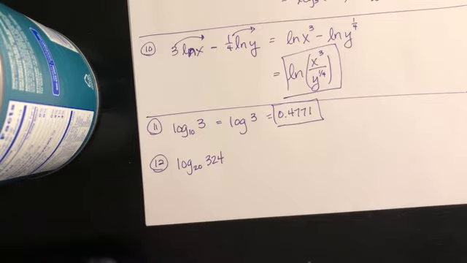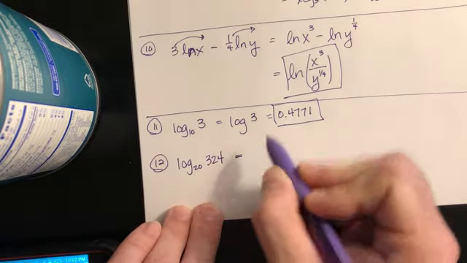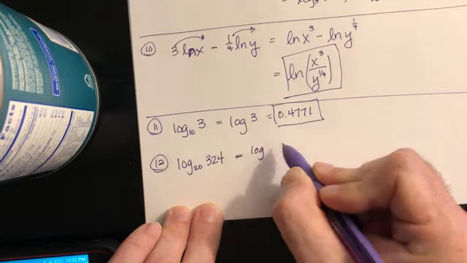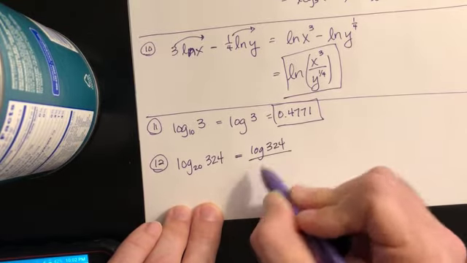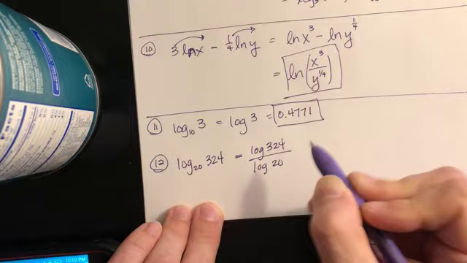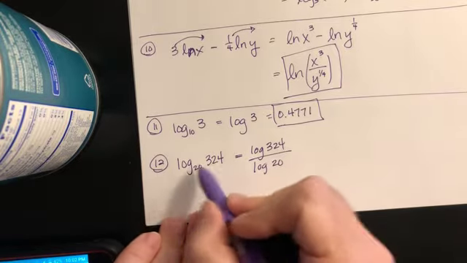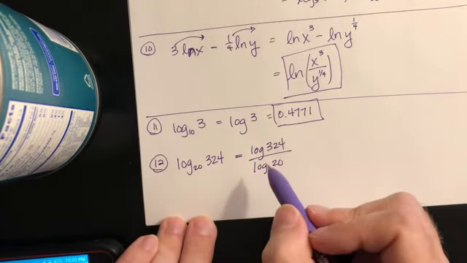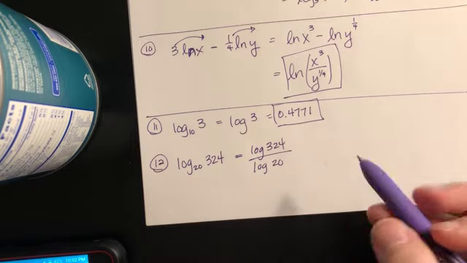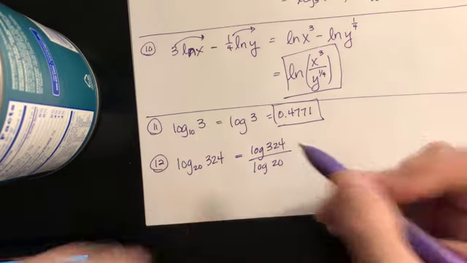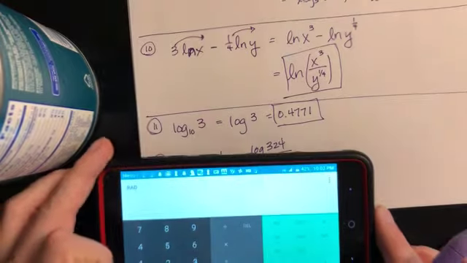So I have to change the base. And the way that we do this is we say the log of the big number divided by the log of the little number, of the base number. And that's just a formula you have to know. That's in the notes, change of base. So log of 324 I can find with my calculator.